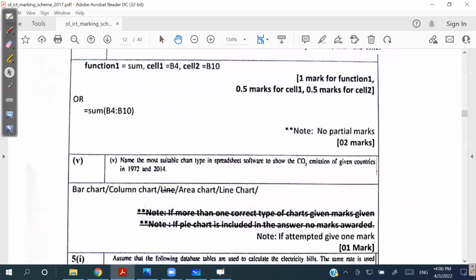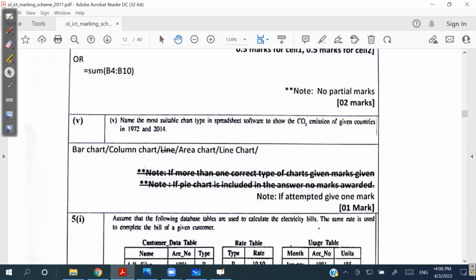In the marking scheme, they go the same way, and they have given marks for the area chart as well. Okay. Is that clear, everyone? Yes, people, is that clear?